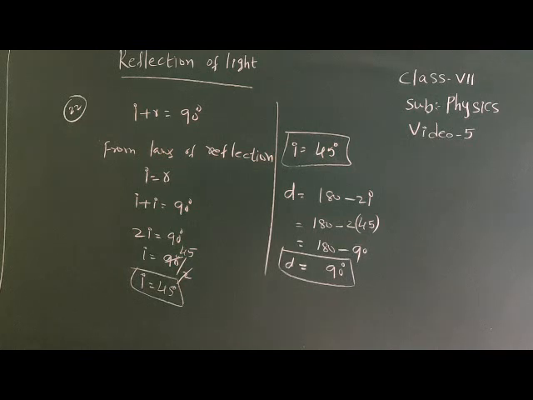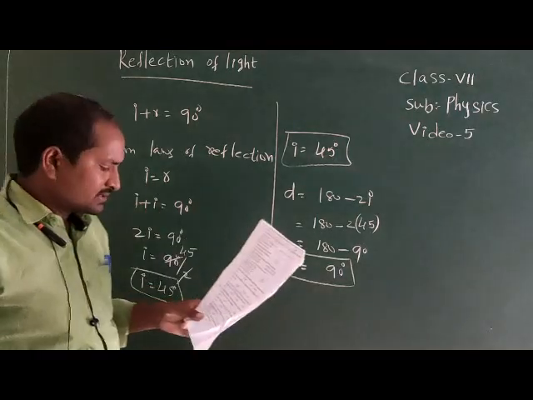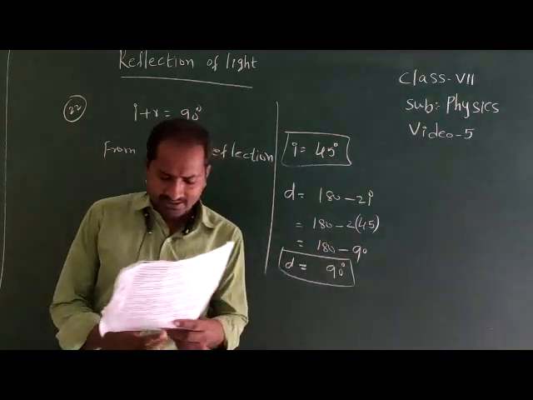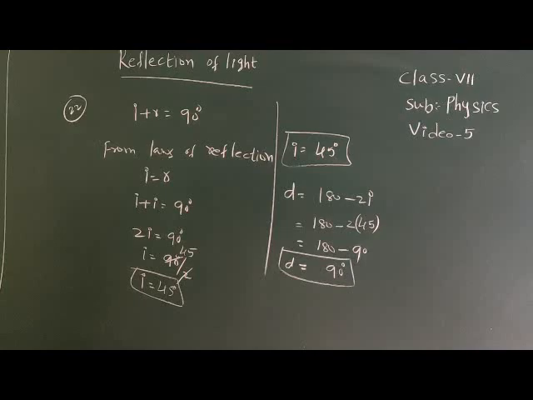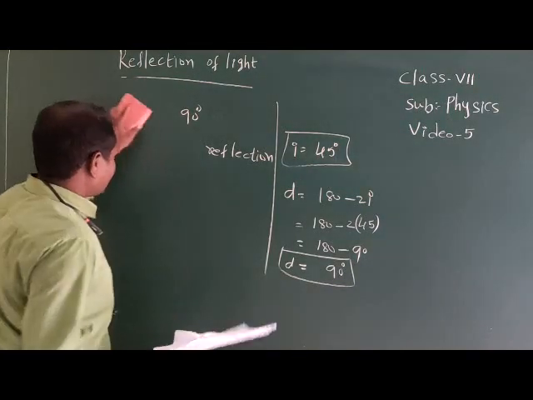Okay. Next one, 23rd. A ray of light incident on a plane mirror with an angle of incidence 30 degrees. Then what is the angle of deviation suffered by the incident ray? So here I is given, then find the deviation.